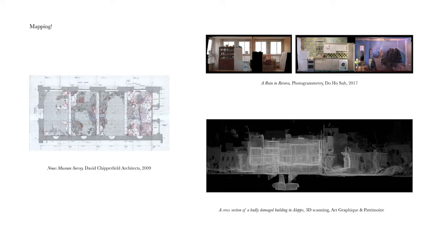We conclude this first part of the lecture by highlighting various ways in which architects work in the field of reuse and preservation. First of all, the mapping process, which is an essential way of engaging with existing architecture. In addition to traditional drawing, documentation today is also supported by technology such as 3D scanning and photogrammetry.